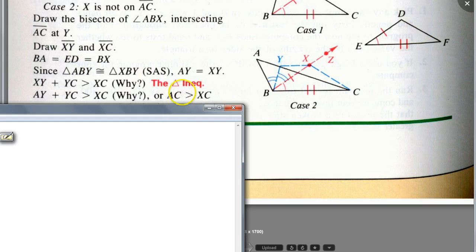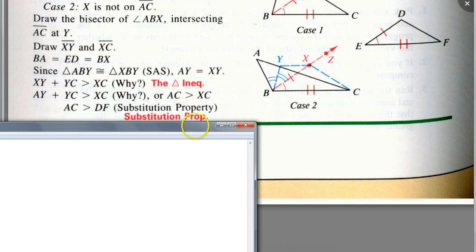XC is then greater than DF by substitution. Why substitution? Because we knew that XC was equal to DF from the very beginning, when we drew the auxiliary line BZ so that triangle BXC is congruent to EDF. Remember?